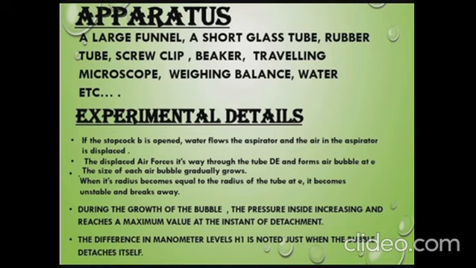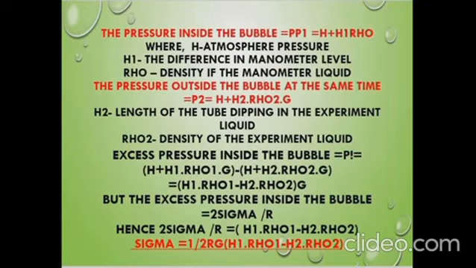The difference in manometer level H1 is noted just when the bubble detaches itself. The pressure inside the bubble equals P1 equals H plus H1 rho 1 g, where H is the atmospheric pressure, H1 is the difference in manometer level, and rho 1 is the density of the manometer liquid.